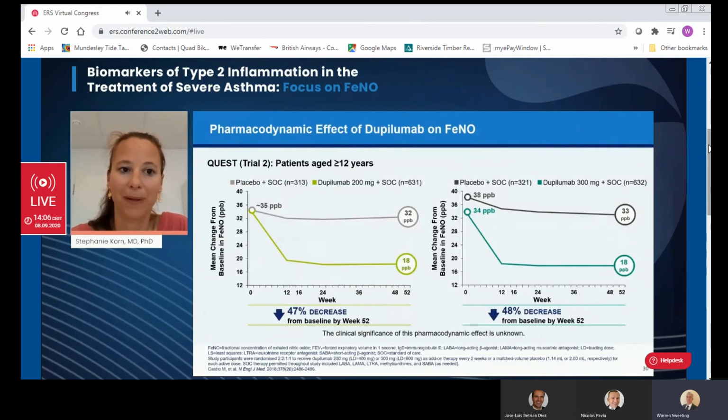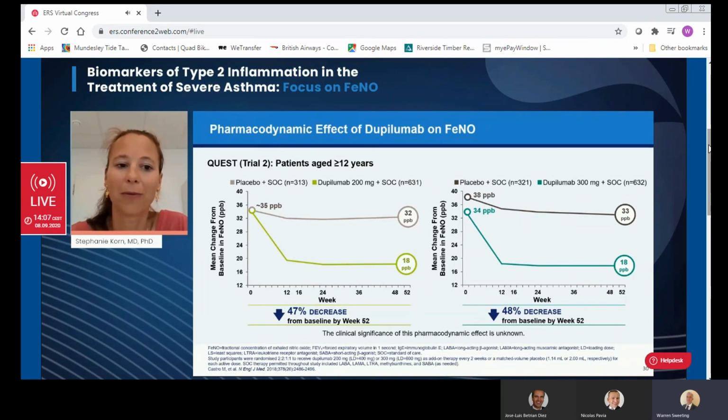These are some data of the QUEST trials. When looking at pharmacodynamic effects of dupilumab on FeNO, you can see that there is a marked effect on FeNO when treating the patient with dupilumab. On the left-hand side, you can see the results when treating with dupilumab 200 milligrams, and on the right-hand side, when treating with 300 milligrams.